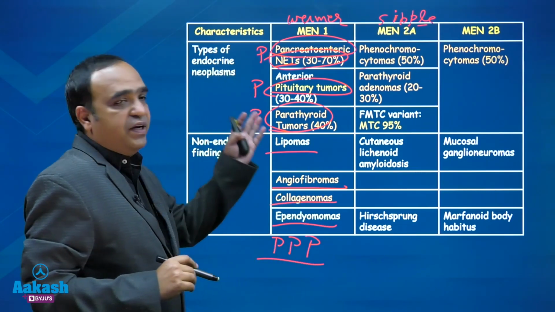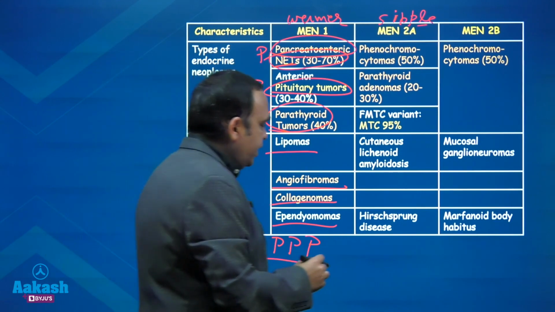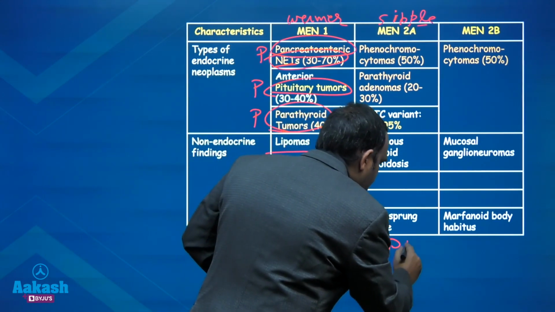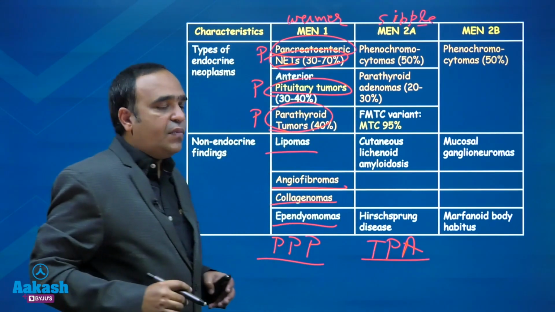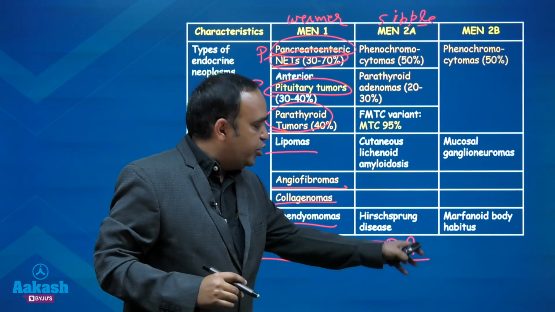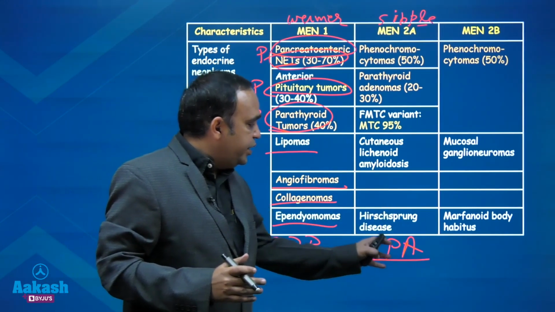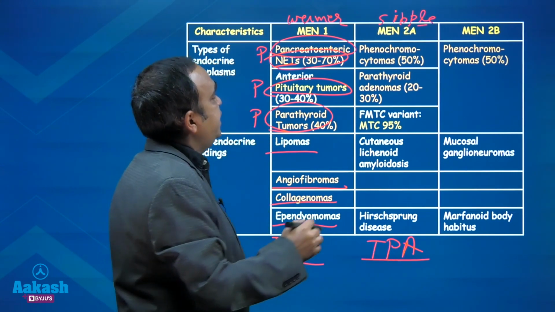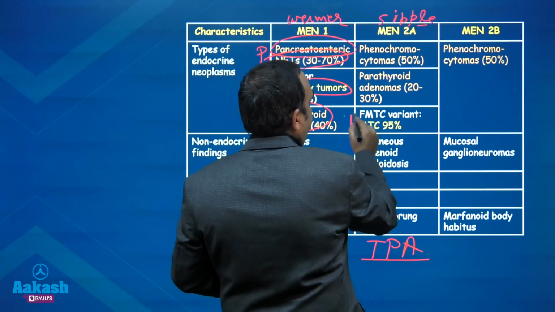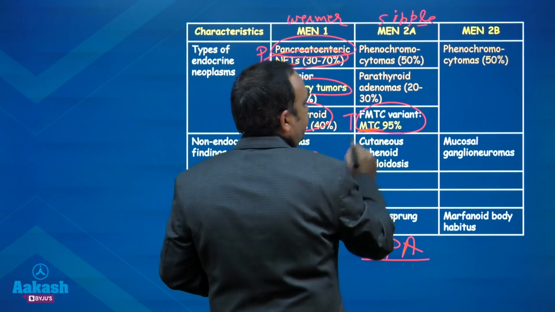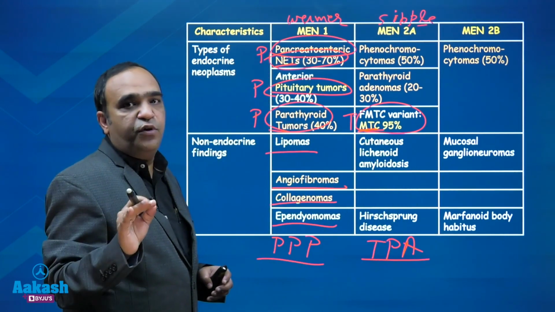Okay. Now MEN 2A, the mnemonic I use is TPA: thyroid, parathyroid, adrenals. That's a combination of tumors, right? So thyroid, so T, this is medullary thyroid cancer. That's an endocrine form of thyroid tumors.